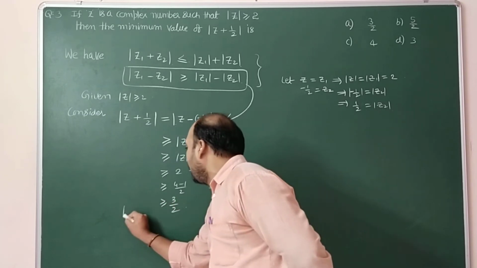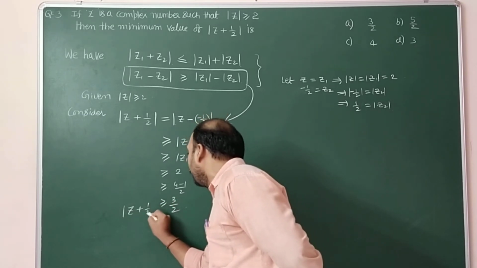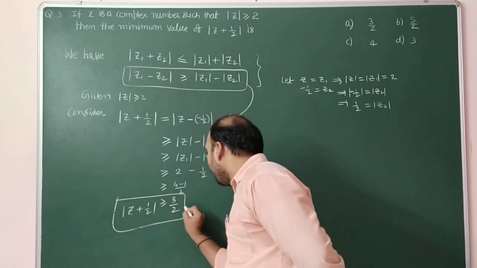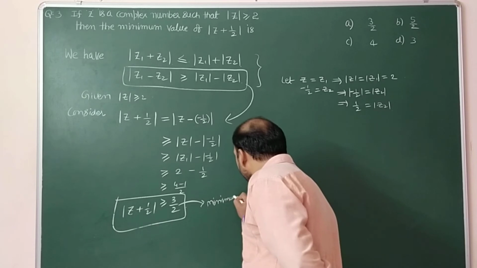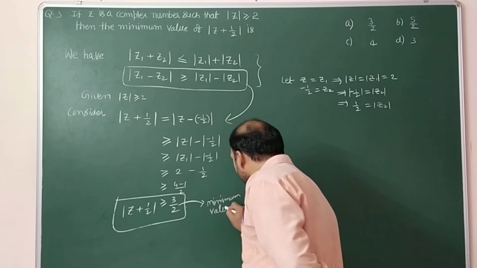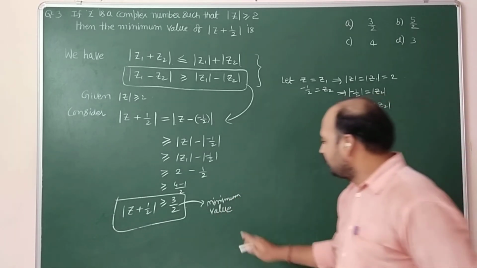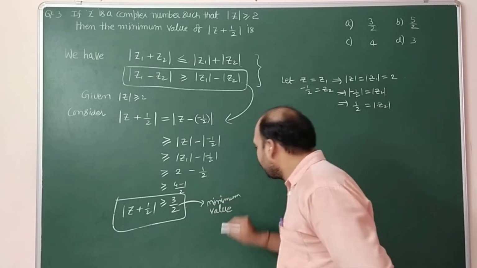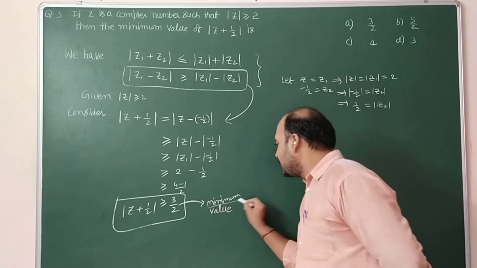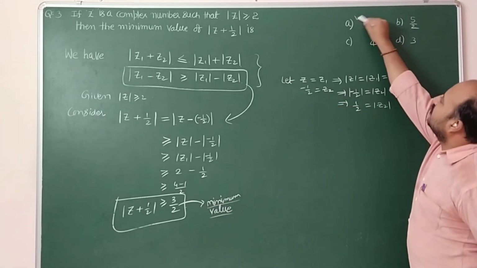So this is the minimum value of mod z plus 1 by 2. The minimum value is 3 by 2, which is there in the first option.